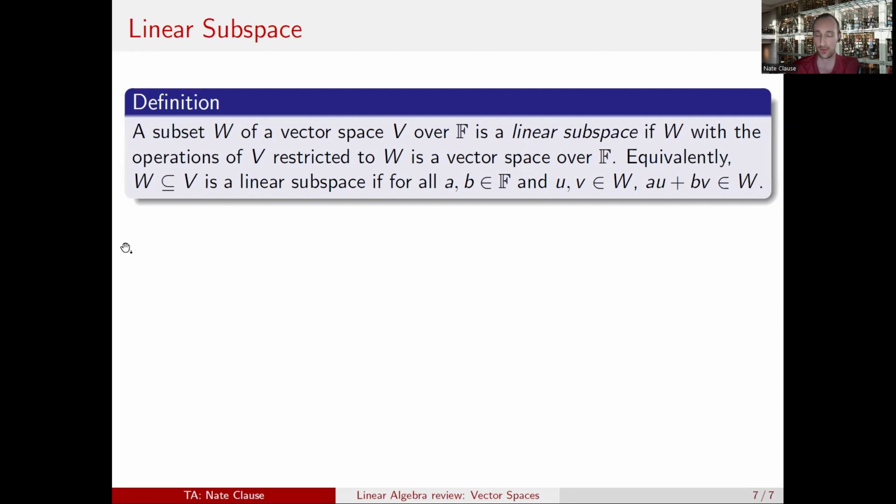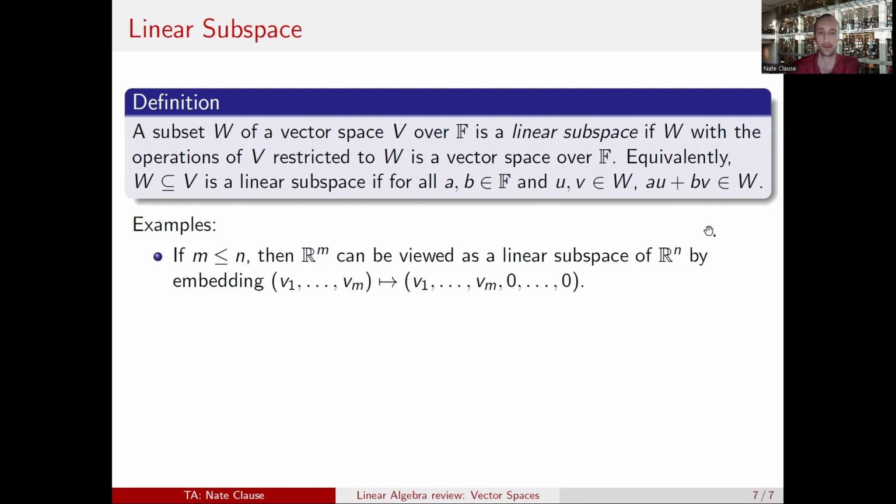An equivalent definition, which is oftentimes stated as a definition, so I'll state it here as well, is that W is a linear subspace of V if W is a subset of V, and for all scalars a and b in the field, and vectors u and v in W, a times u plus b times v is also in W.